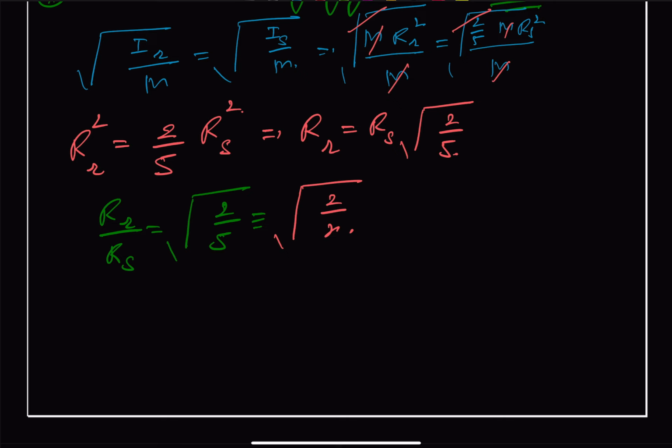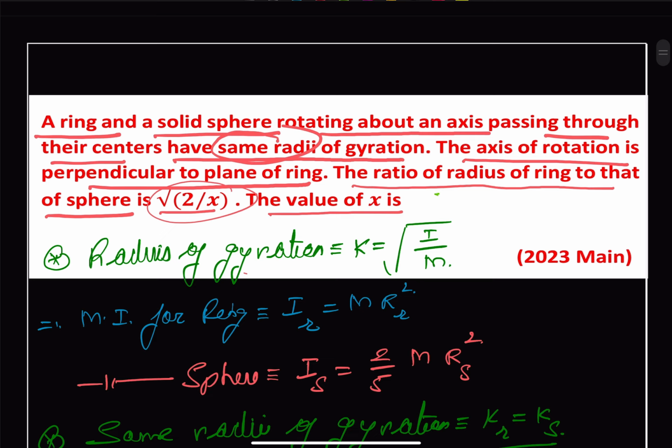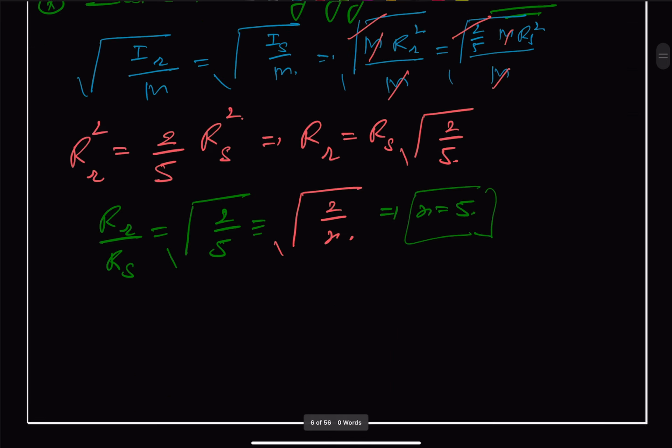So if you make 1:1 comparison, you can say from here that the value of x is equal to 5. So value of x is 5. Next question.